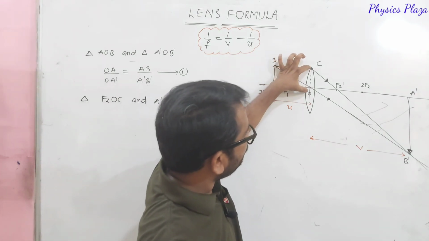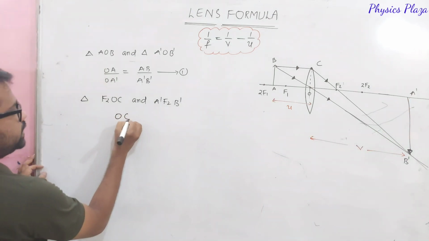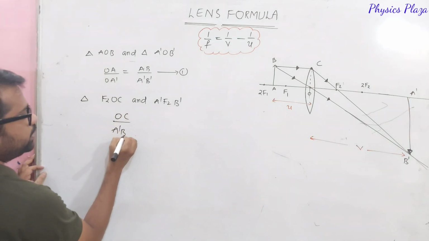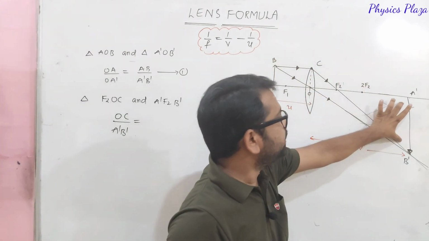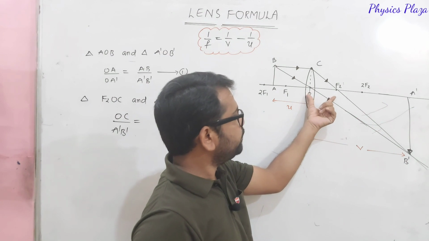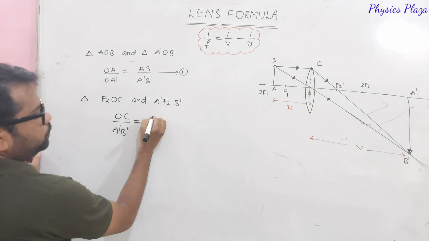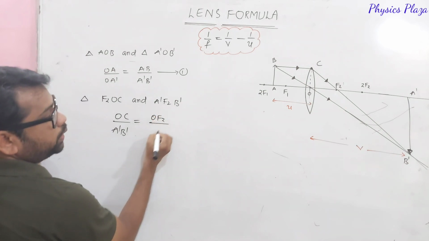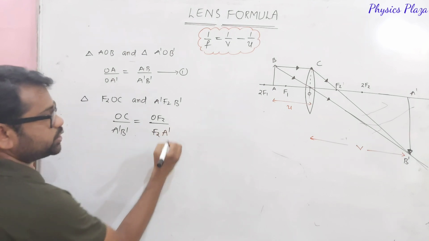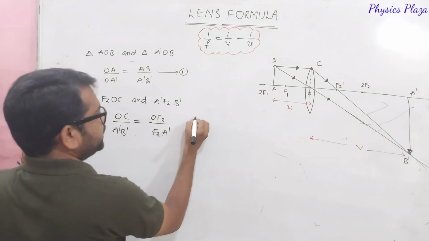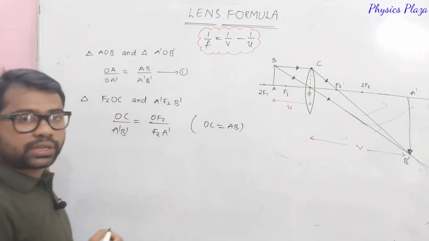We can write OC by A'B' is equal to OF2 by F2A'. But from this diagram, OC can be written as AB.